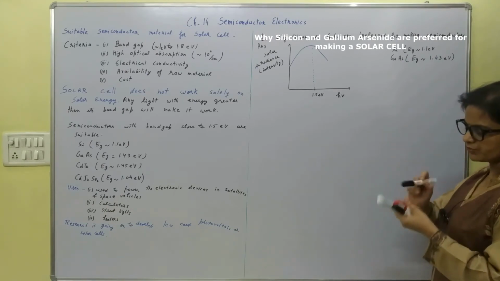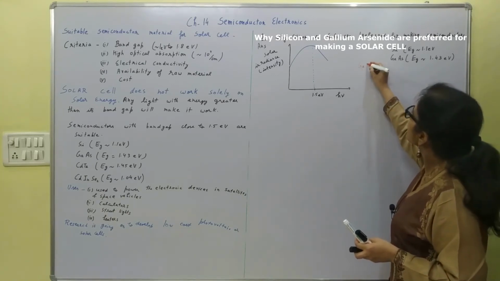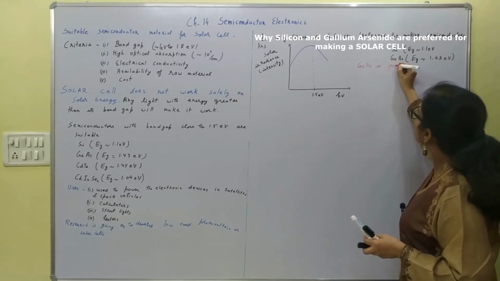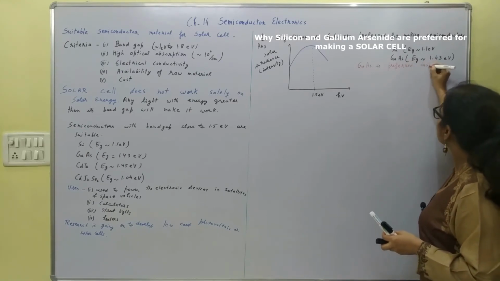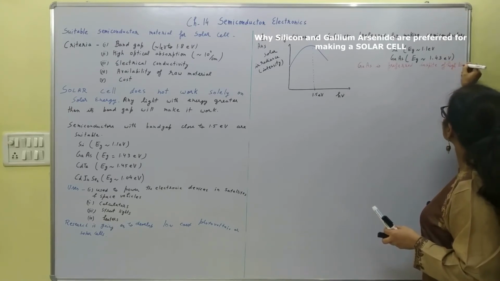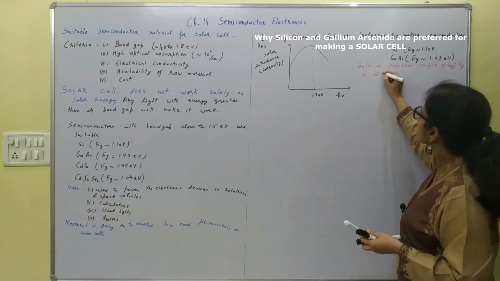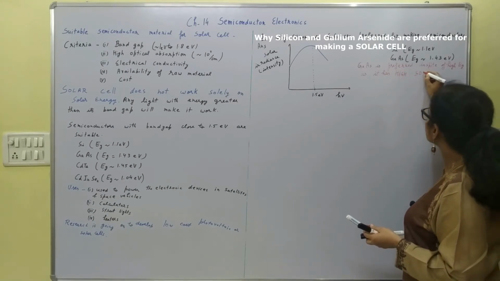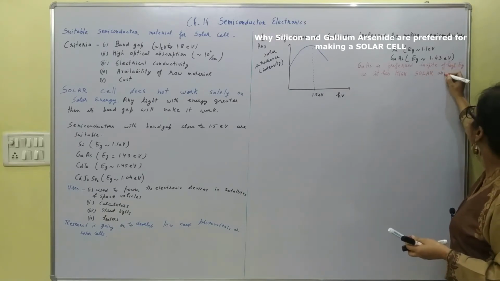So here small questions may be framed from this part which we are discussing now. Gallium arsenide is preferred in spite of high energy gap, as it has high solar absorption coefficient.